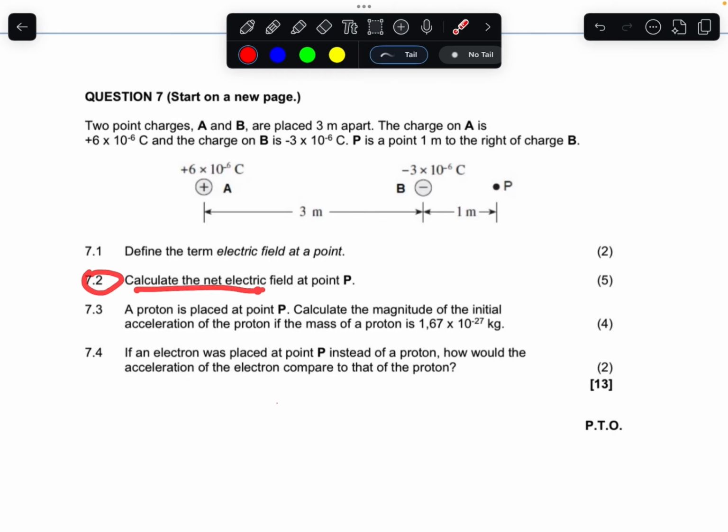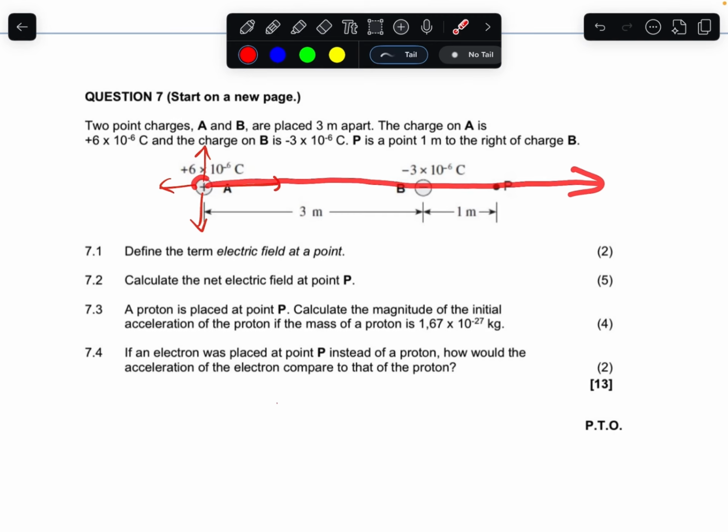7.2, it says calculate the net electric field. Before that, let's look at the field lines. Guys, this one is positively charged, so the field lines are going away like that. So the electric field that P experiences from A is going to go to the right. It's going to push it to the right.